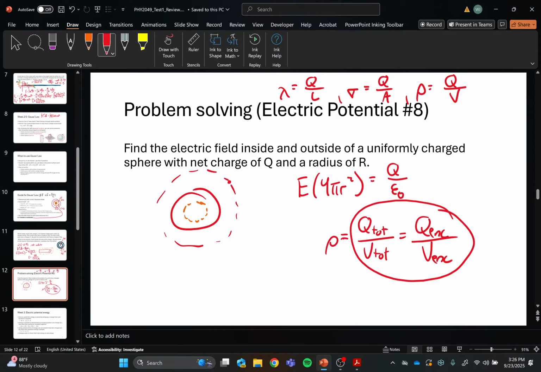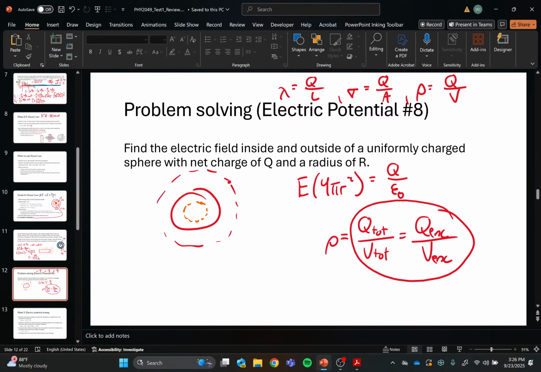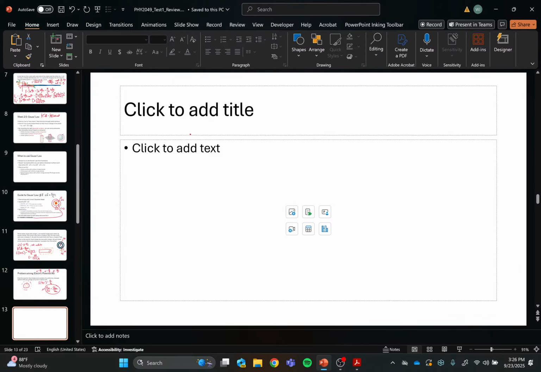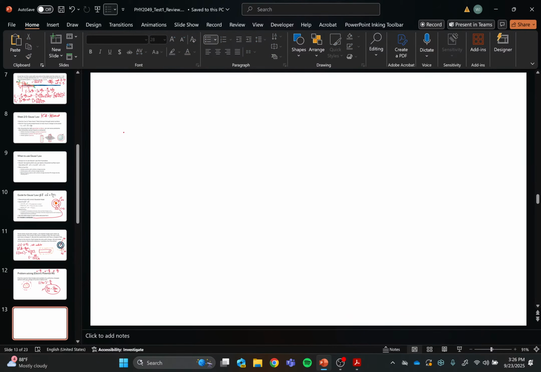Can I do a new slide? Yeah, if you want to. How do I do that? Is it in home? This button, new slide. You can copy any of that, or you can redraw it. How do I get rid of these things? Just click it and delete. Okay, gotcha.